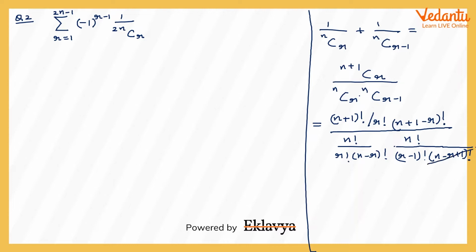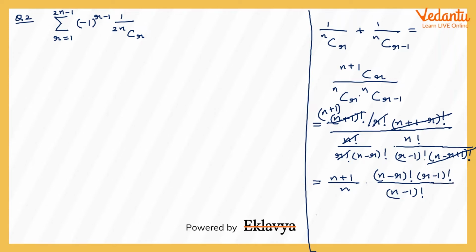So you can check, this will get cancelled, and this r factorial will get cancelled. N factorial will also cancel this n plus 1 times. In fact, after simplification, I can write this as n plus 1 upon n, and in the denominator I will write n minus 1 factorial, and these two terms n minus r factorial into r minus 1 factorial.